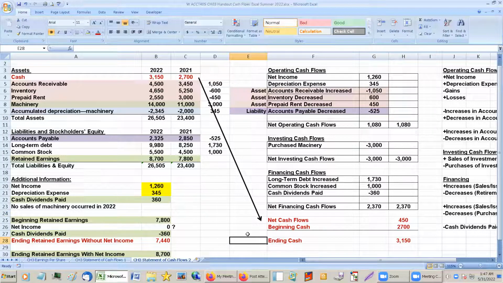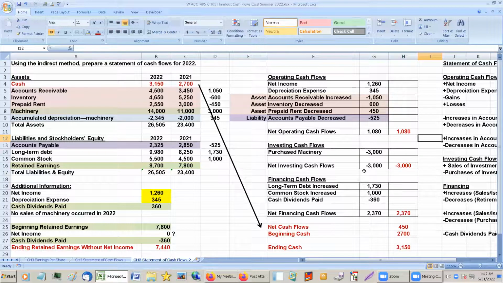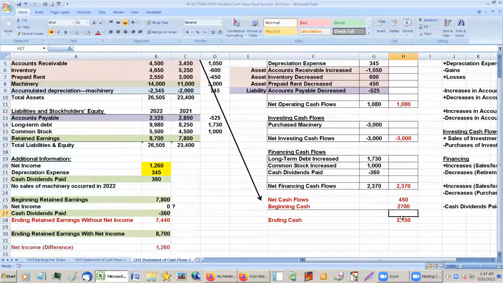So it explains what happened to the cash. It went from 2,700 to 3,150. And that is basically because of all the cash flows together, which explain what happened to the cash.